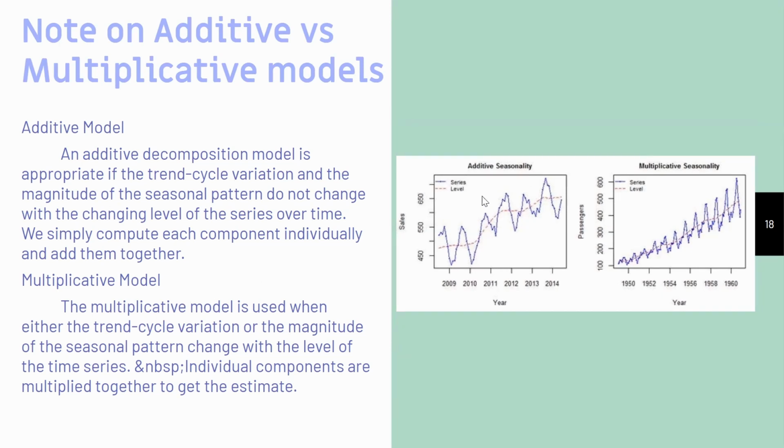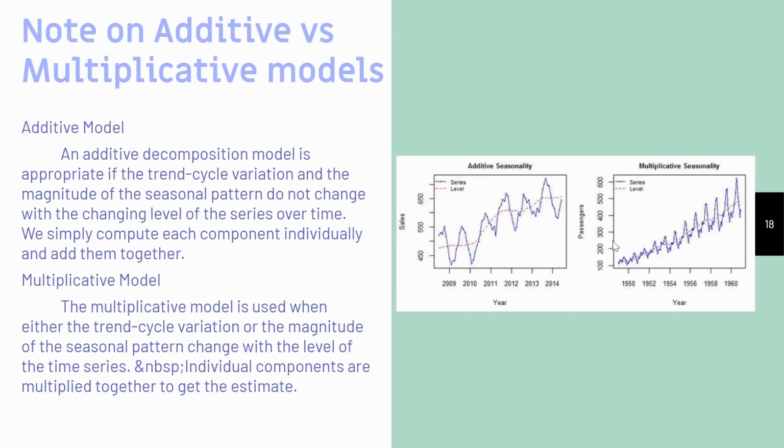So as you can see here, all of the seasonality and trend is approximately the same, right? Well, here in multiplicative seasonality, this is the case where we would use multiplicative seasonality, right? As you can see, it increases in almost like a bell shape. While here, it's visually pretty much constant.